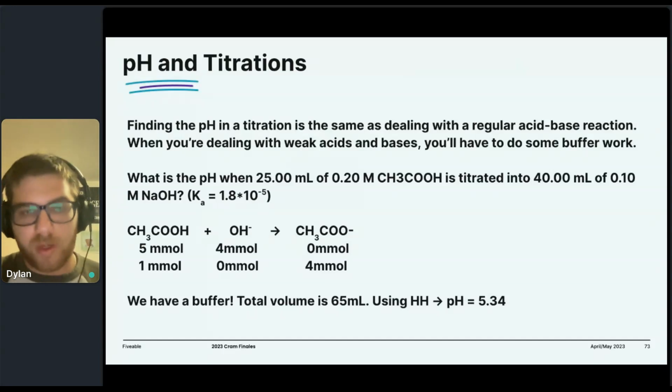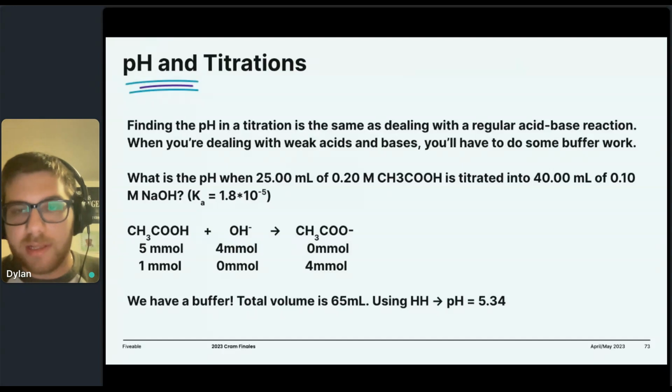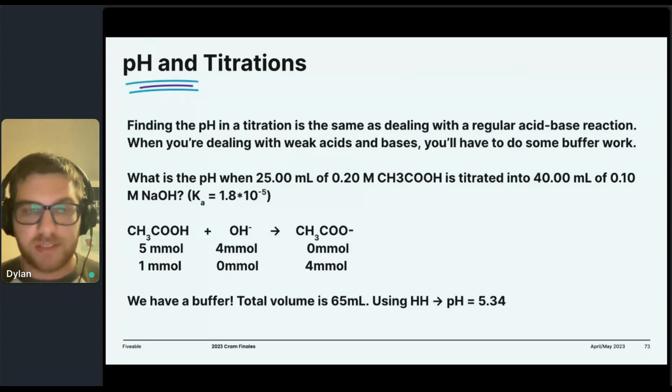And we know we have 25 milliliters of 0.2 molar acetic acid. Multiply those two numbers to find that we had 5 millimoles, and it's titrated into 40 milliliters of 0.1 molar NaOH. Again, multiply milliliters by molarity to find 4 millimoles, and that's our start.